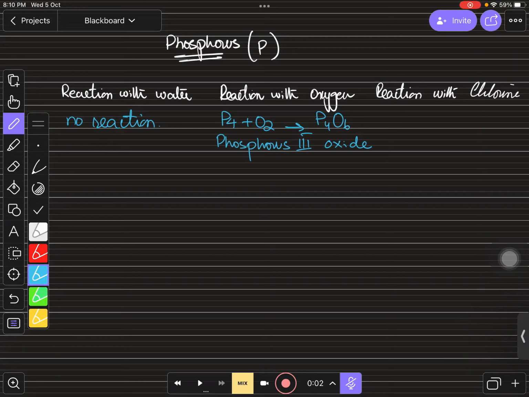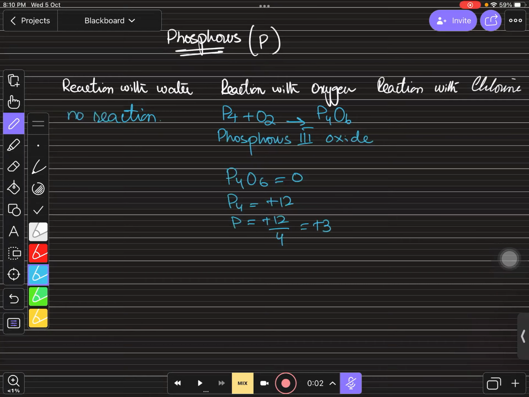If you need to find out, P4O6 is equal to 0, and each oxygen is -2. So -2 into 6 will be -12. When it goes over there, it will be +12. And each phosphorus is now having a 3+ oxidation state. So that is why the name of this compound is phosphorus trioxide.